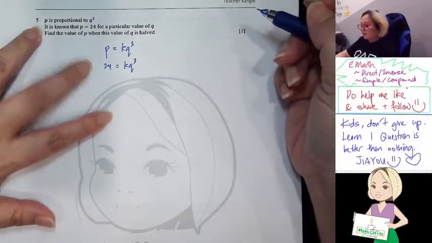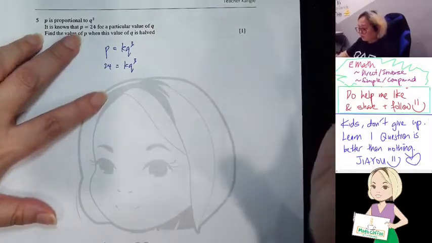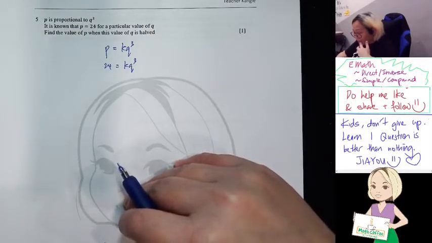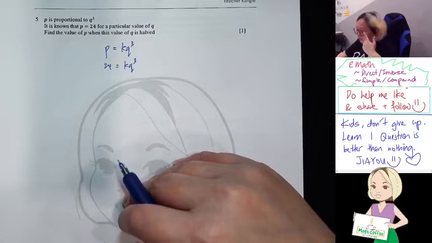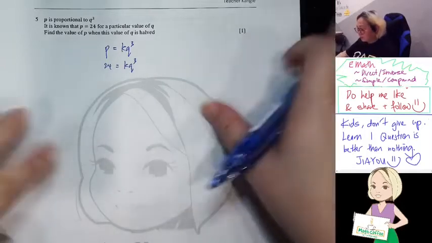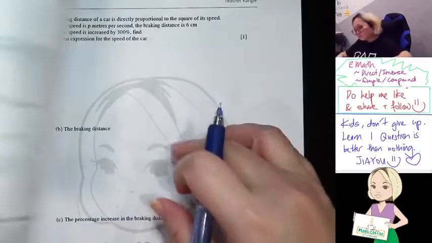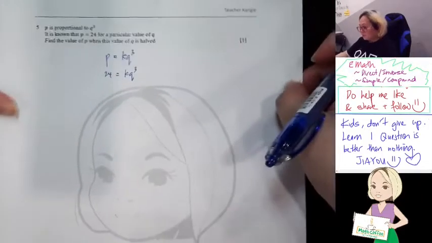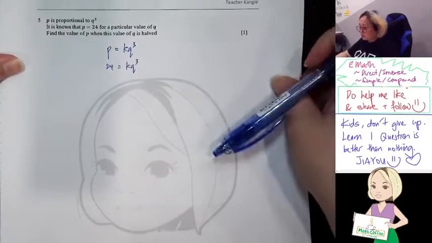Now they ask to find the value of P if the value is tripled. Don't worry, later I will do the tripled one and show it to you.